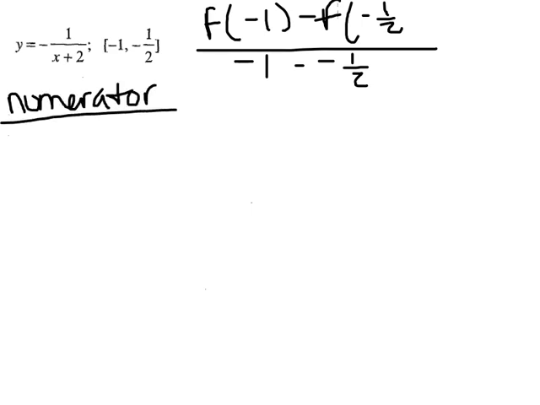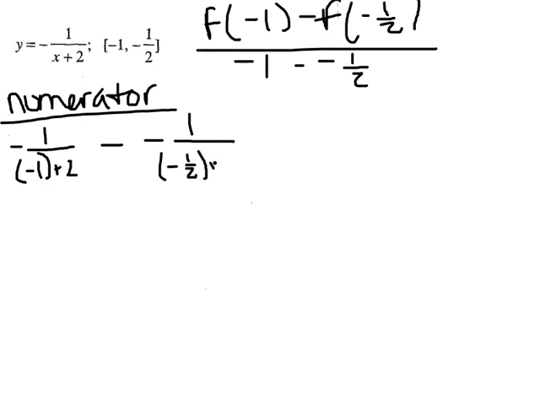In our numerator, we will have f of negative 1, which is negative 1 over negative 1 plus 2, minus f of negative 1/2, which is negative 1 over negative 1/2 plus 2.